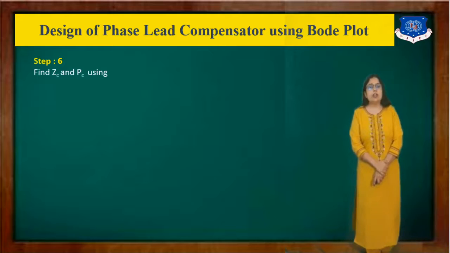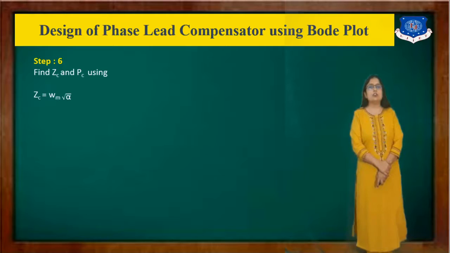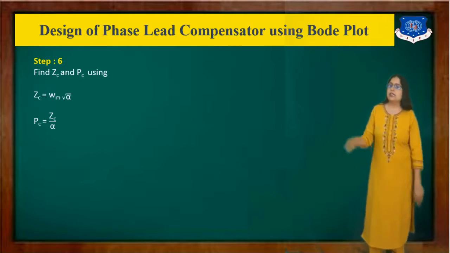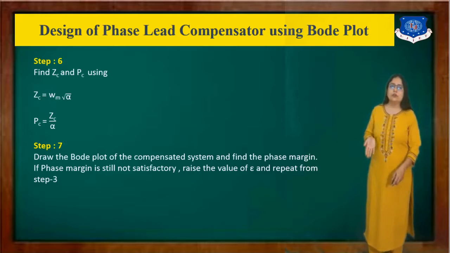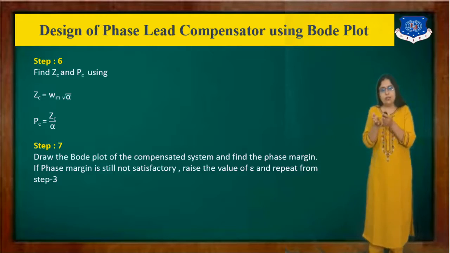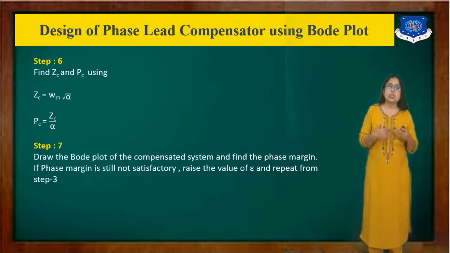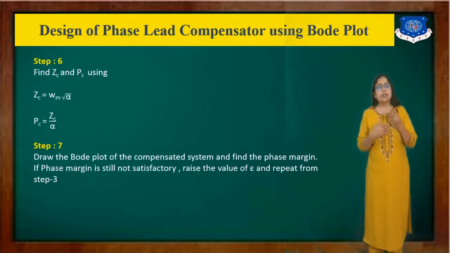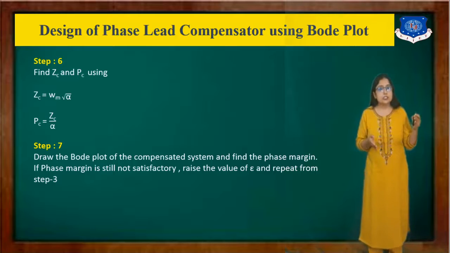Then next, we have to find the zero Zc and pole Pc. For Zc, we use the equation omega m under root of alpha, and Pc is Zc by alpha. Finally, you have to multiply G of S with the compensator transfer function, that is Gc of S. Then again you have to find the phase margin of the compensated system.